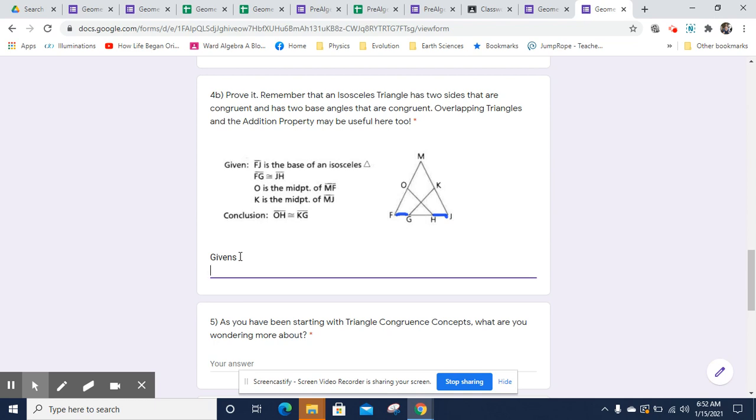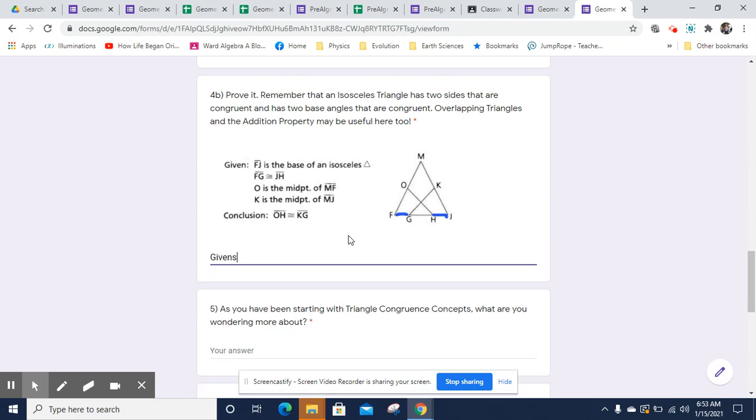But now we can also say that OF is congruent to KJ. I'm sorry, we can't say that yet. So hold off.